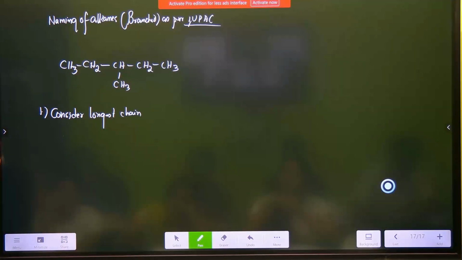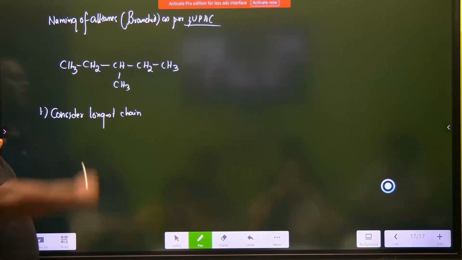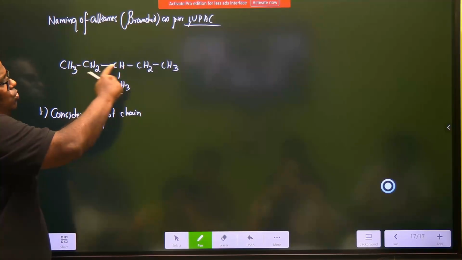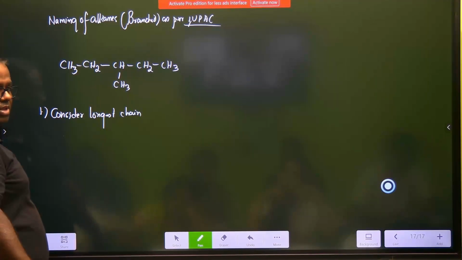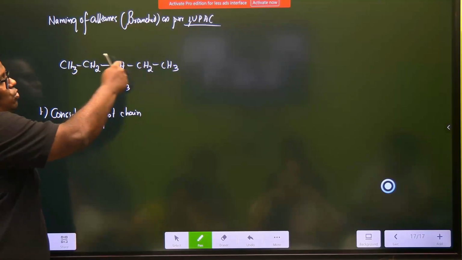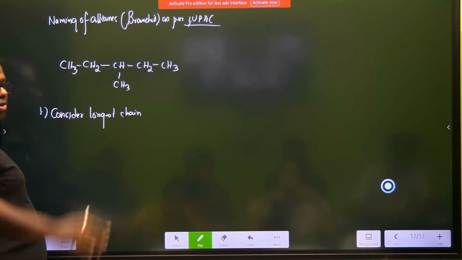How many carbons did you get in one chain? 4. There's a branching out here. Did you understand what I'm trying to say? Another is the way you see it. 1, 2, 3, 4, 5. And branching here. Another can be 1, 2, 3, 4. This is shorter. We are still winning with 5.